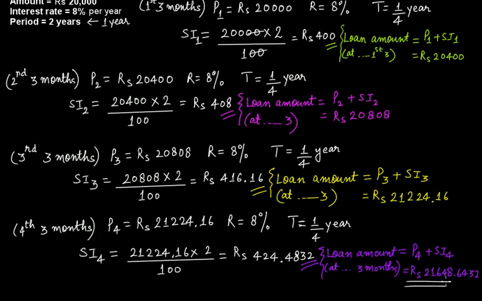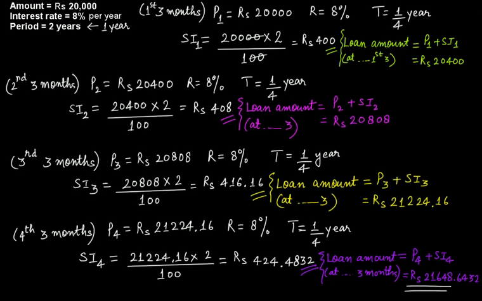Therefore, this is the total amount that you owe to the bank at the end of the first 1 year. You took the loan for 1 year, and since the interest is being compounded quarterly, you are calculating interest for 3 months, 3 months, 3 months, for 4 consecutive periods, right? So this is the final loan amount that you have to pay back to the bank.